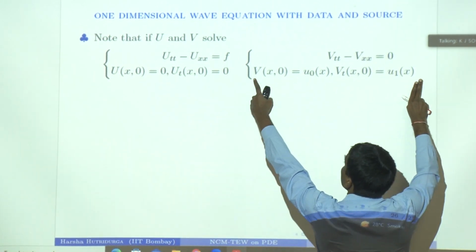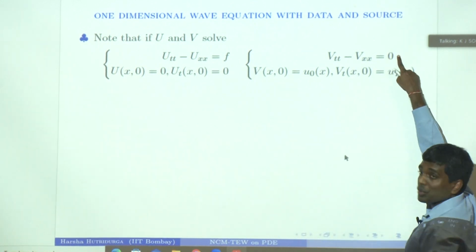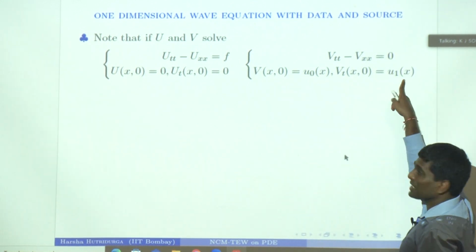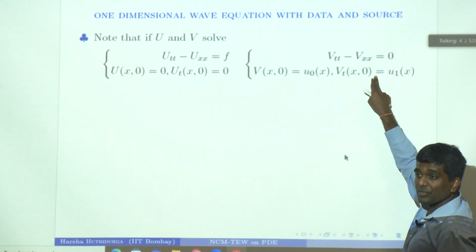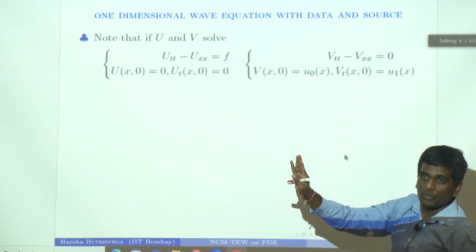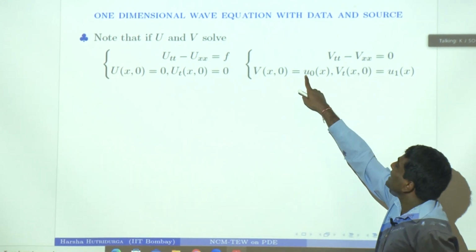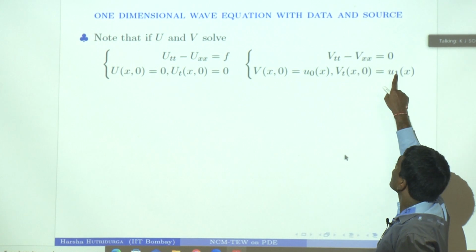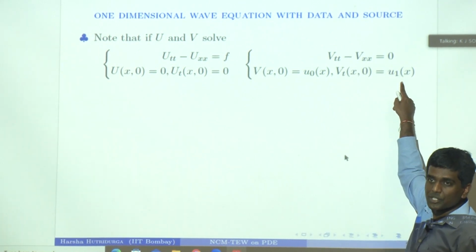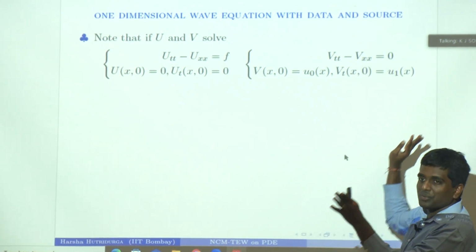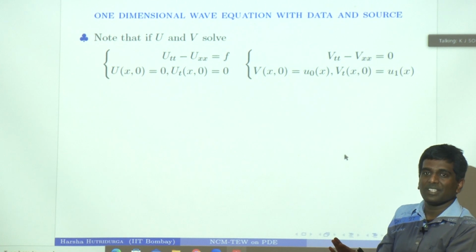Now you write down this other problem. This has got zero source term, but it has got initial conditions. In this case, we know how to write down the solution using the D'Alembert formula, which has got the average of u0 at certain points and u1 integrated in some interval. Then what you do is you simply add the two together.